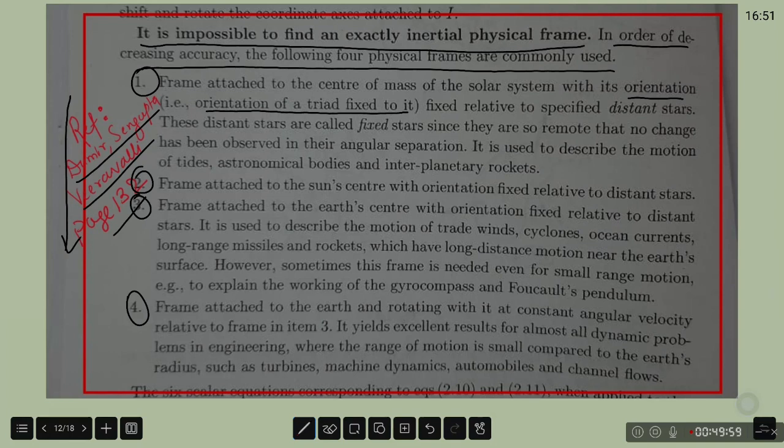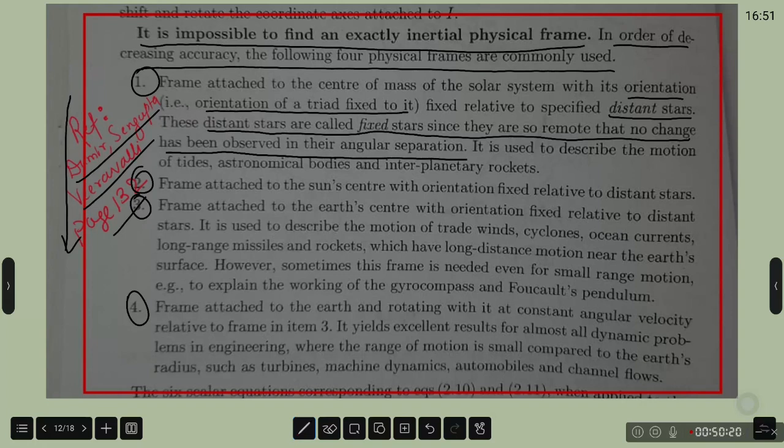Its orientation is fixed relative to specified distant stars. These distant stars are called fixed stars since they are so remote that no change has been observed in their angular separation ever since human beings started making observations. This is used to describe the motion of tides, astronomical bodies and interplanetary rockets.